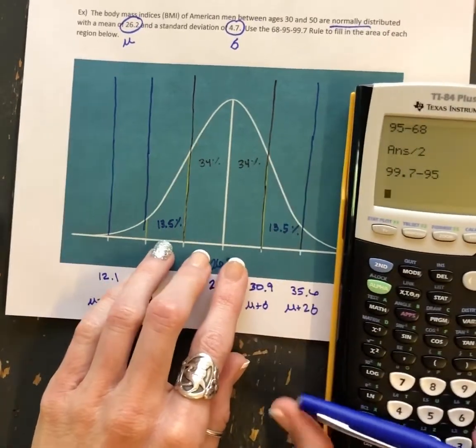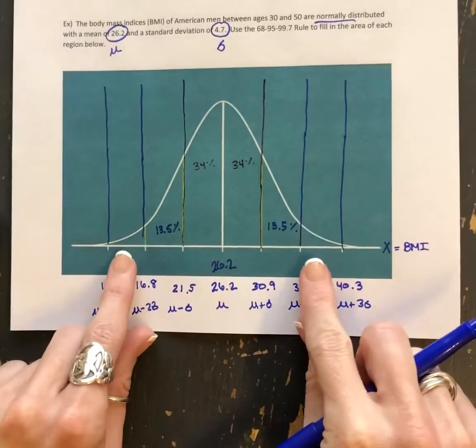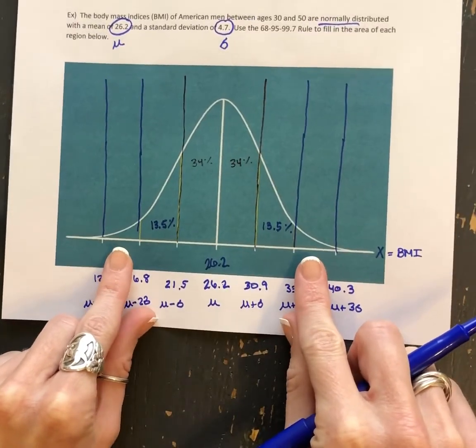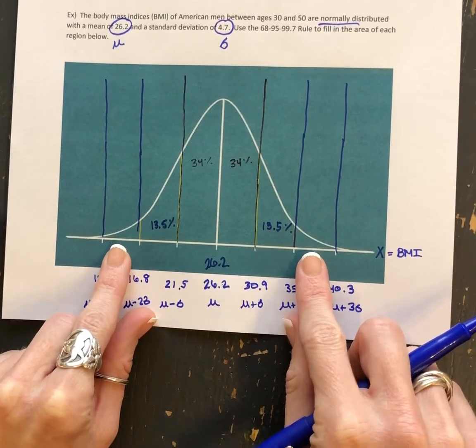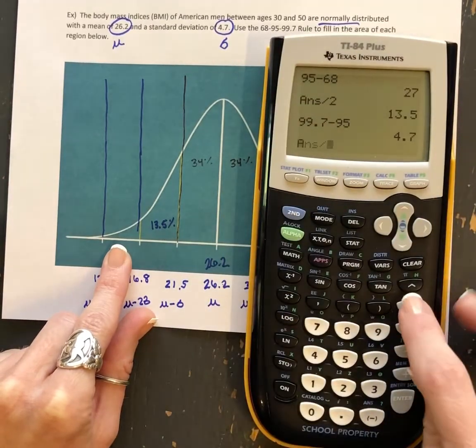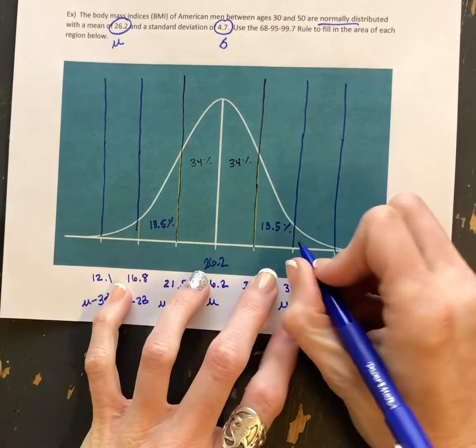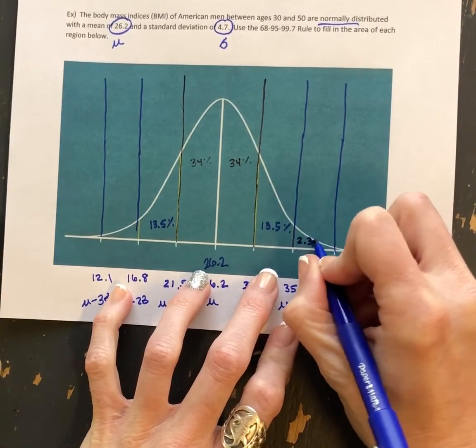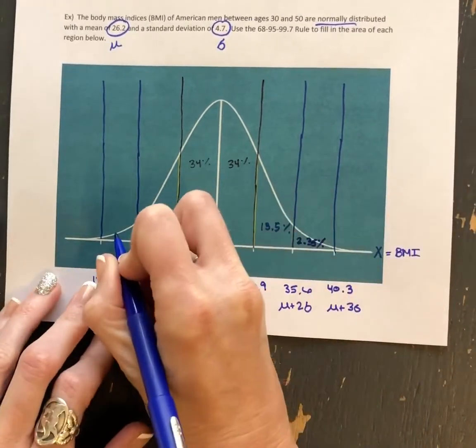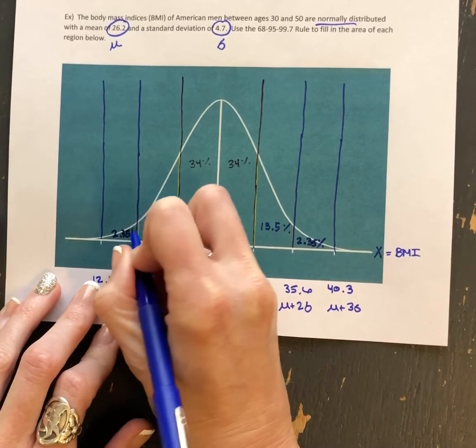And that leaves us 4.7% left over in just those 2 slices. Again, those are symmetric, so those are equal. We're gonna divide that by 2, and each one of those has area about 2.35% of the total area under the curve.